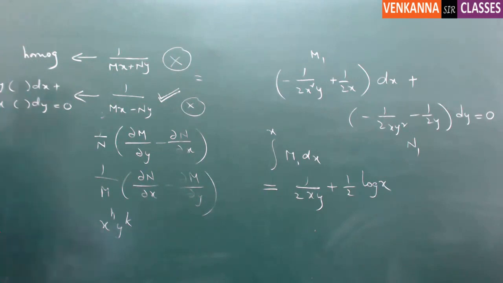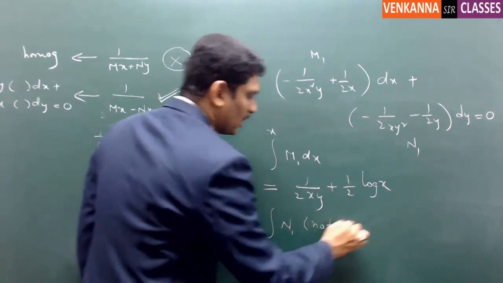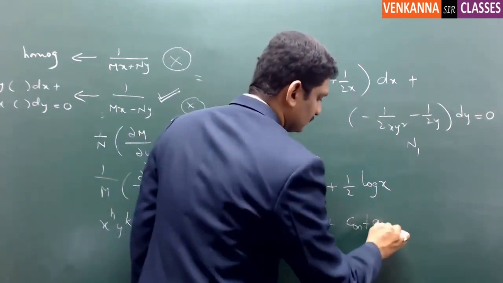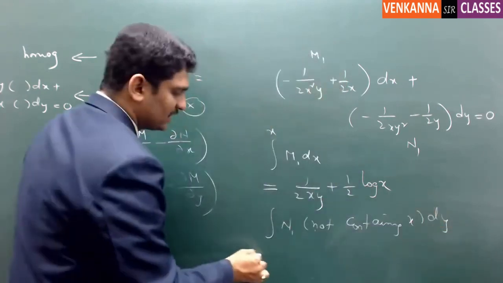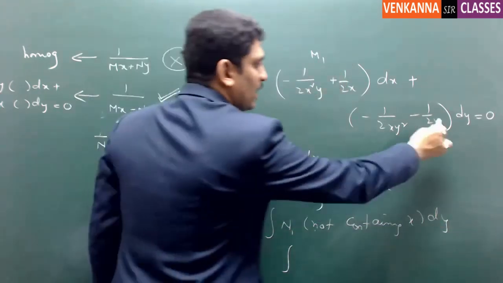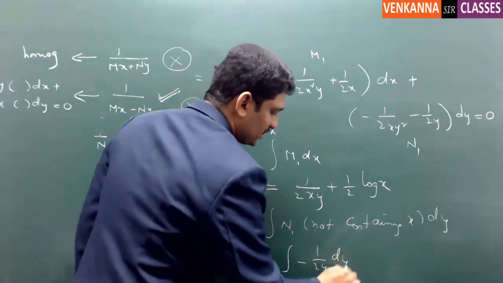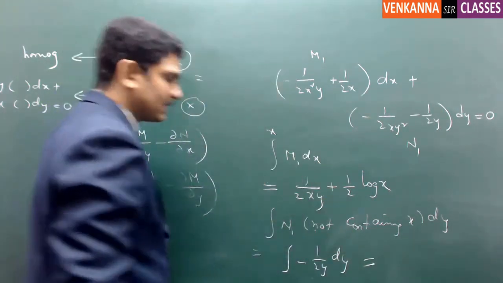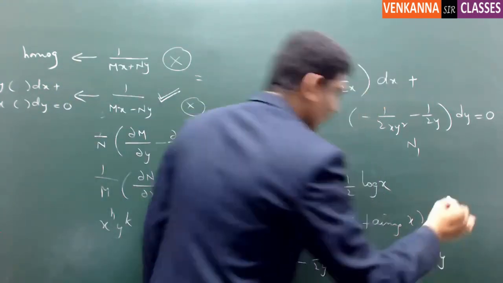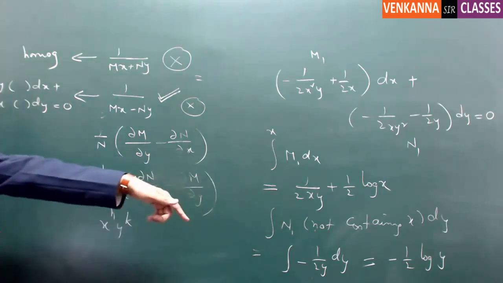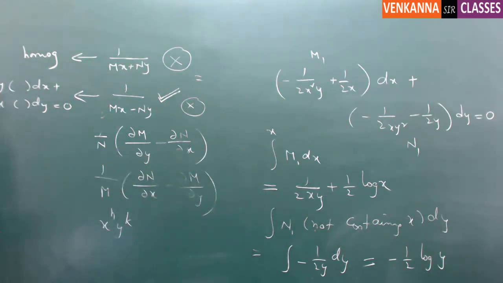And if you go with N1, the terms of N1 not containing x, dy, which is nothing but the integral. Among the two terms, we consider only this value because the first term contains x. So this is minus 1 by 2 log y. Joining the two solutions, you will have the general solution of the given equation.